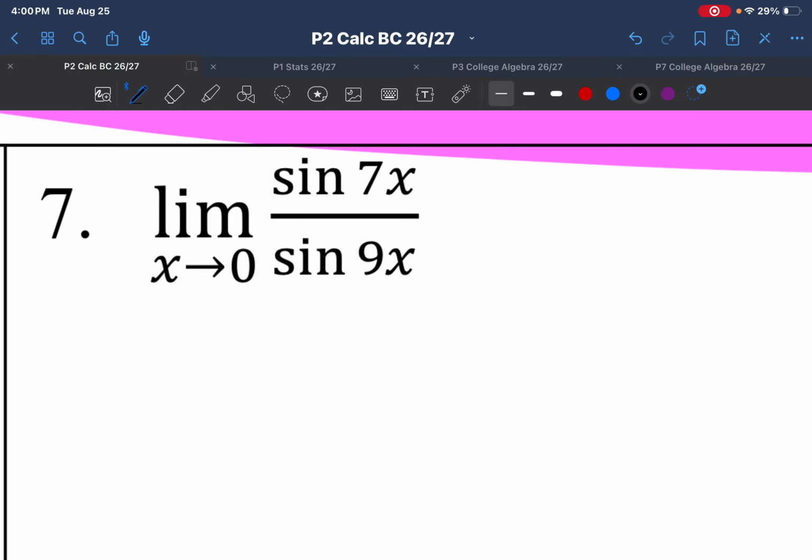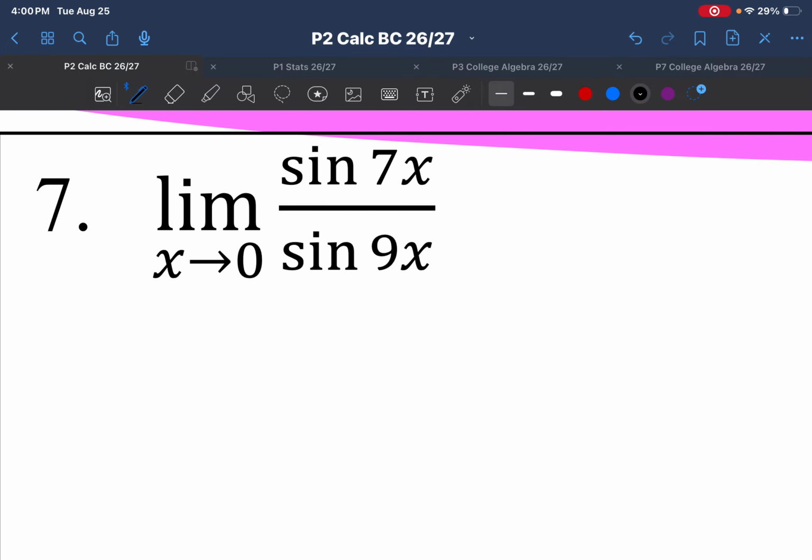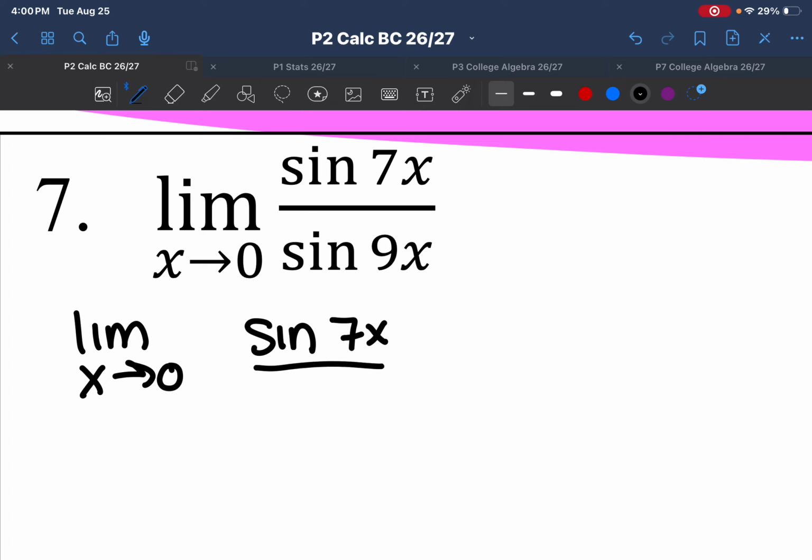Okay, number 7. Now I have the limit of sine of 7x over sine of 9x. The first thing I need to do is separate this into two different limits. So I have the limit as x approaches 0 of sine of 7x over 1 times 1 over sine of 9x.